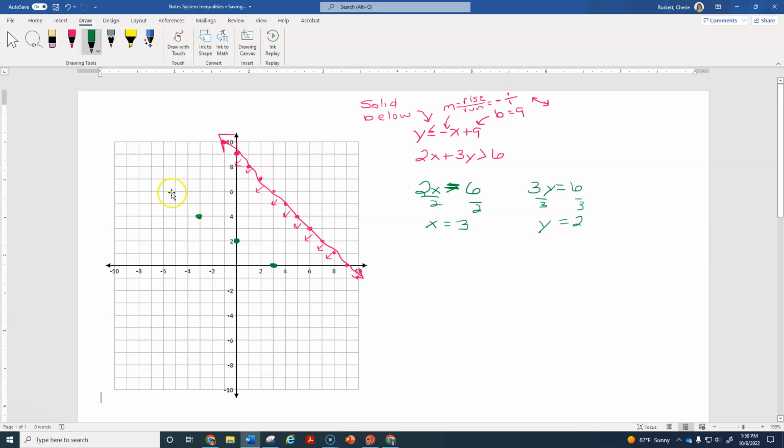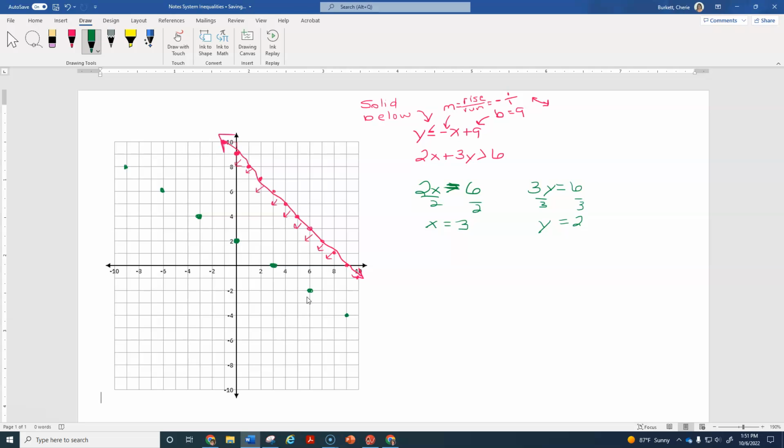Rise 2, 1, 2, 3. So I need a dot right there. Okay, rise 2, 1, 2, 3. I can go back down to this side. I can go down 2 and over 3 this way. Okay, and go down 2, 1, 2, 3 this way.